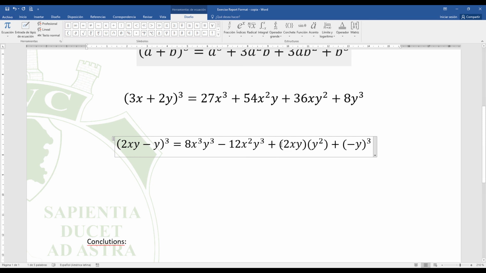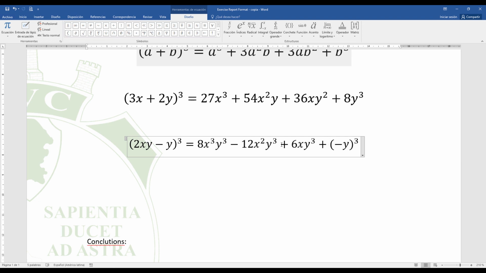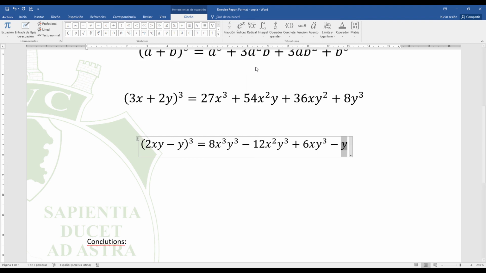This is 6xy cubed. And this is minus times minus is plus, times minus, this is minus y cubed.